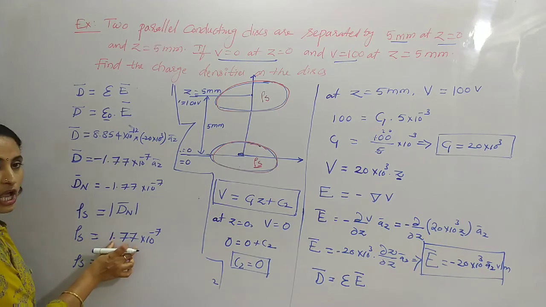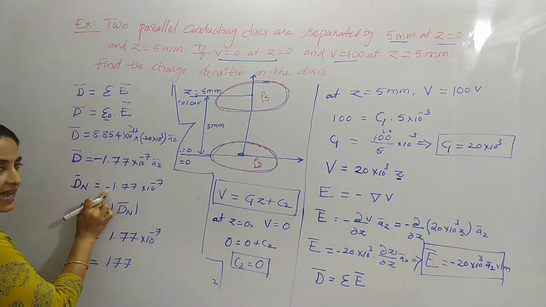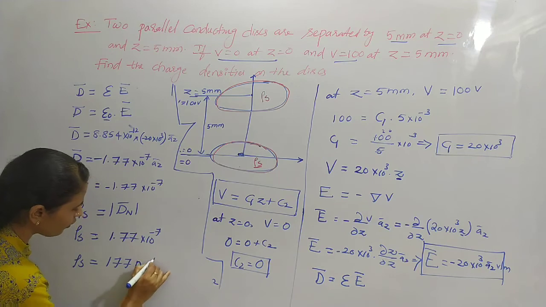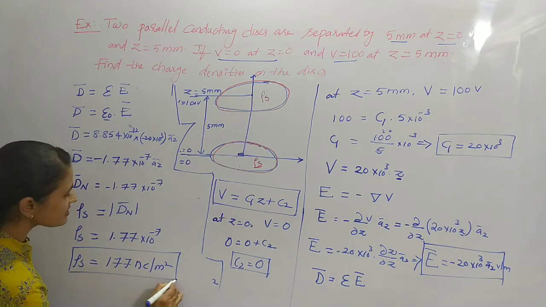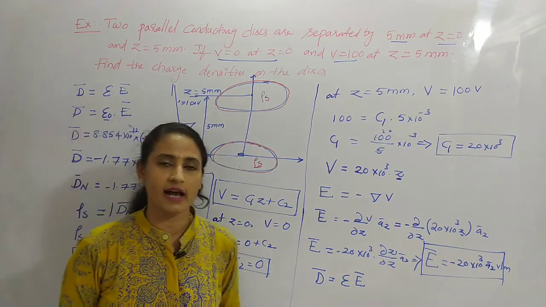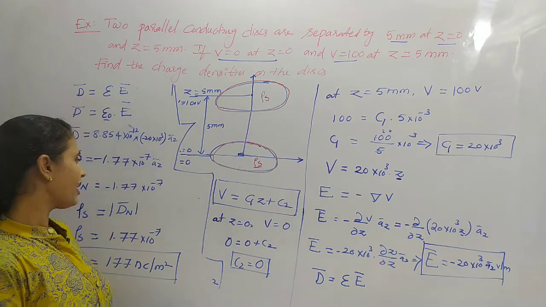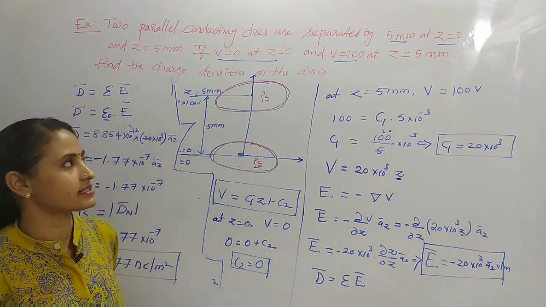Because we are considering only the magnitude, I didn't carry the sign. So the surface charge density on both the discs is 177 nano coulomb per meter square. This is nothing but the surface charge density on both the discs. Okay, so we equated the flux density to the surface charge density.